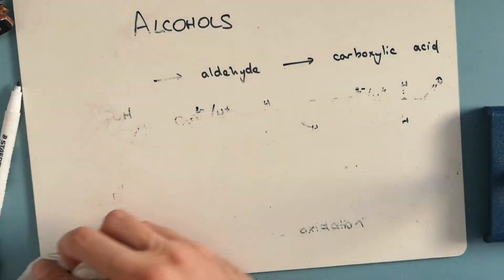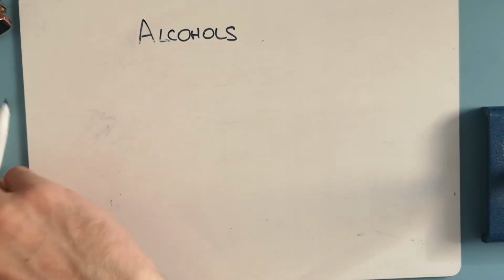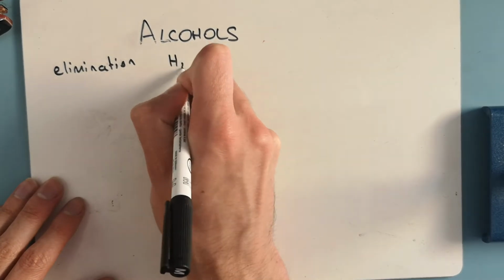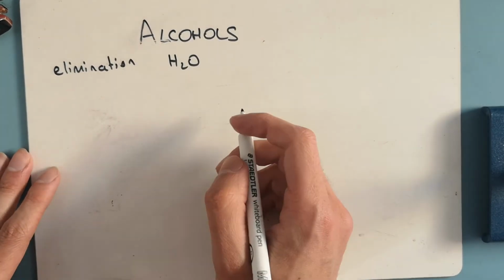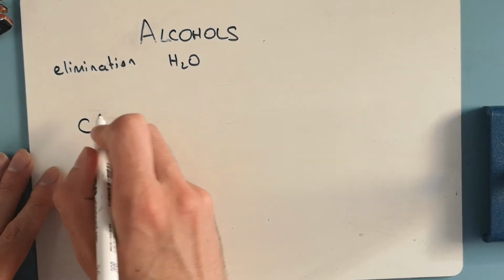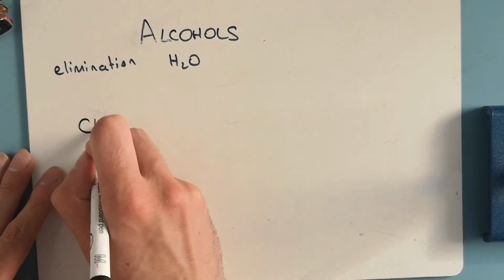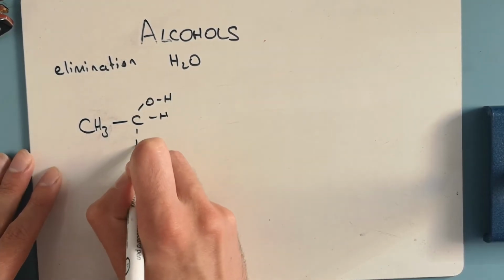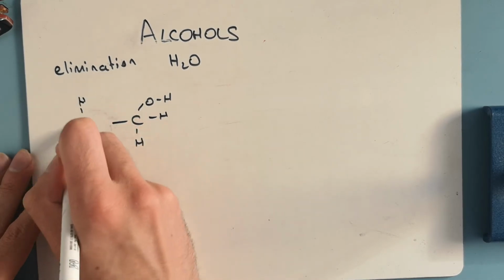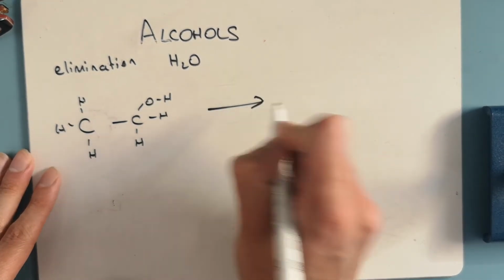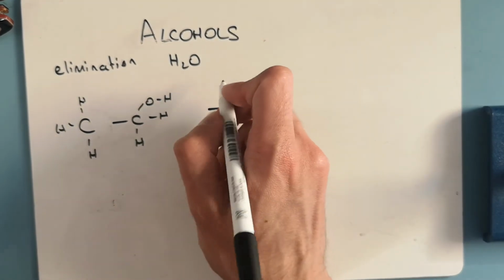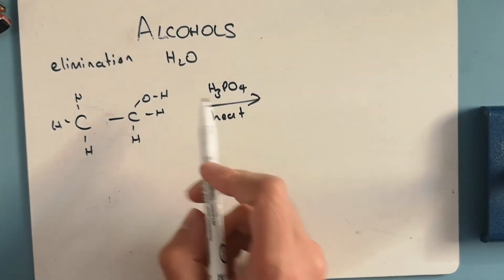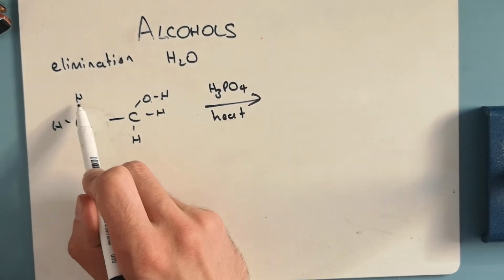Next up is the elimination reaction. And we're going to eliminate H2O. So what happens in this reaction is we take our alcohol, I'm actually going to draw this properly, and if we react this with, or add to this, H3PO4 or phosphoric acid and heat it, what happens is we lose an OH from here and a hydrogen from the other carbon.